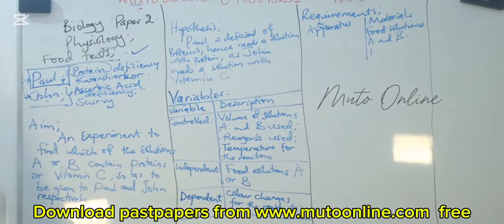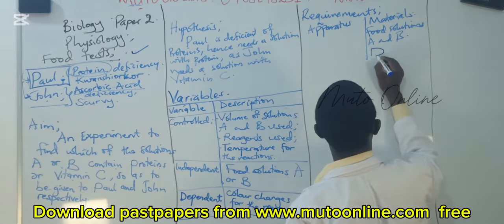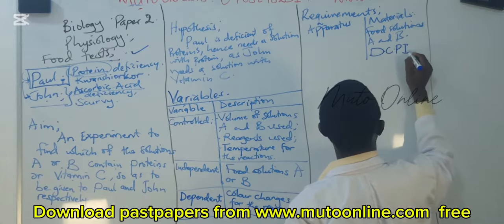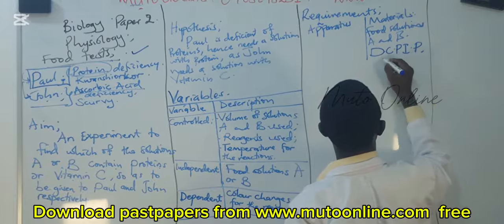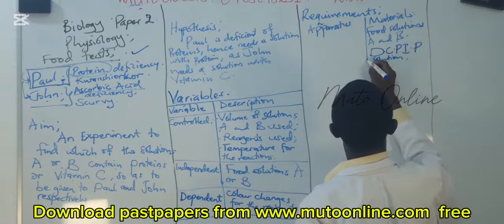So which food solutions do we need? Which reagents? We need DCPIP solution, or dichlorophenolindophenol solution.